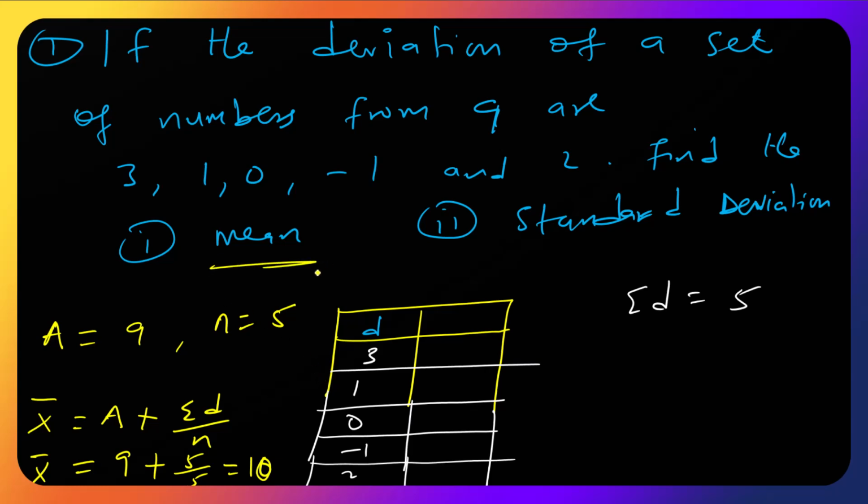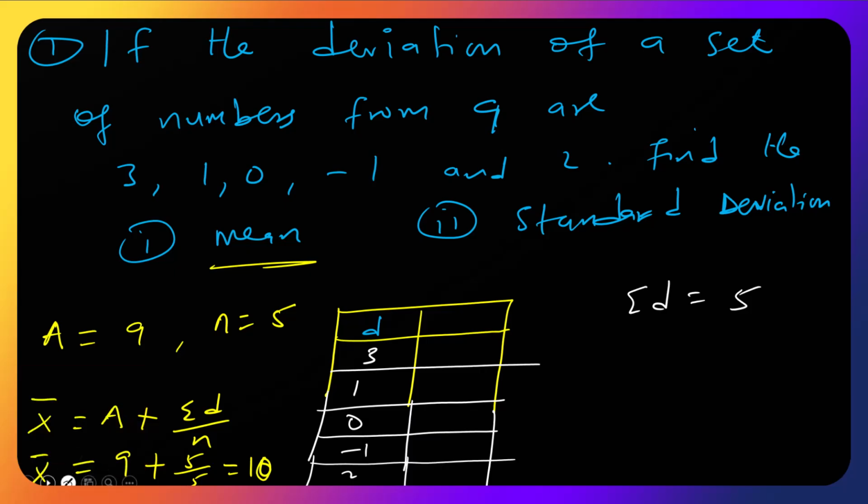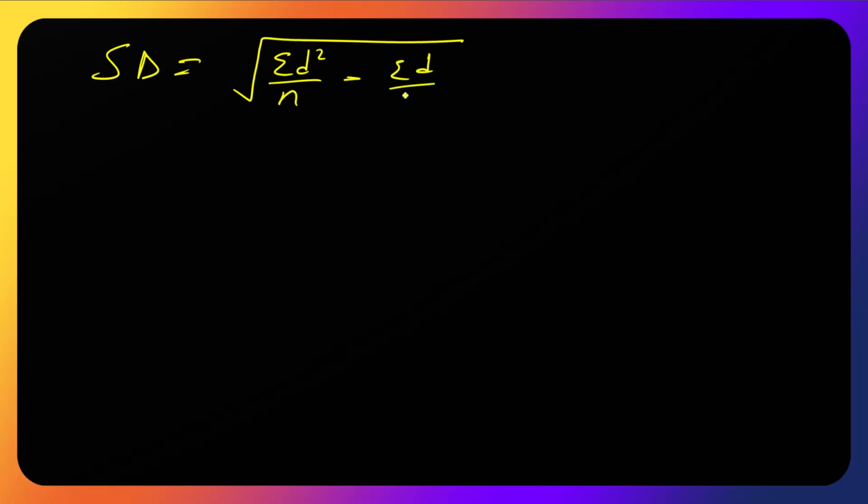So we are done with the mean. Now the standard deviation. The standard deviation is given by the square root of summation of d squared over n minus summation of d over n, all squared. Remember, we need to create a column for d squared.